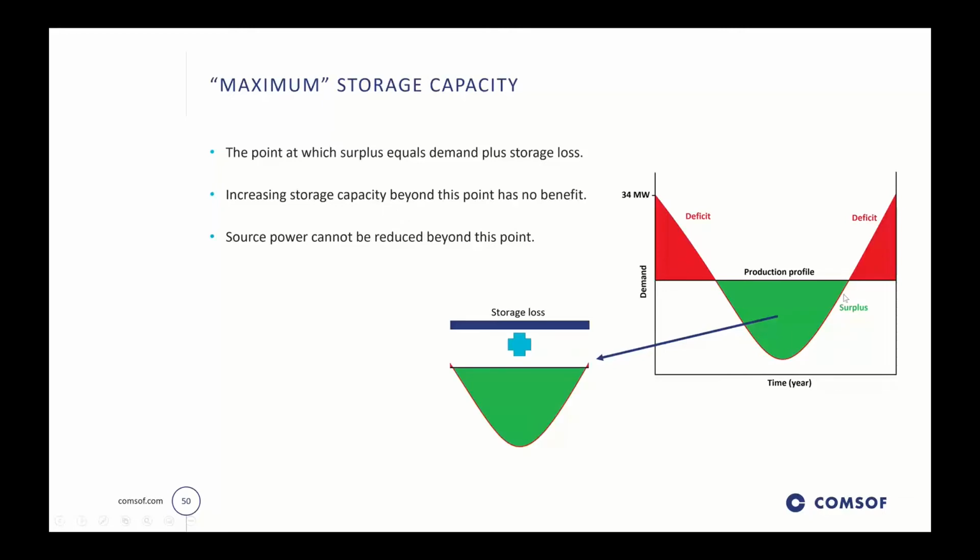So if we take that part, plus the storage loss, which we will have anyway, because there's no way to avoid storage loss, and we put it together in a buffer tank, that would be the maximum storage capacity dimensioned for this particular network with this demand profile and with this supply profile.